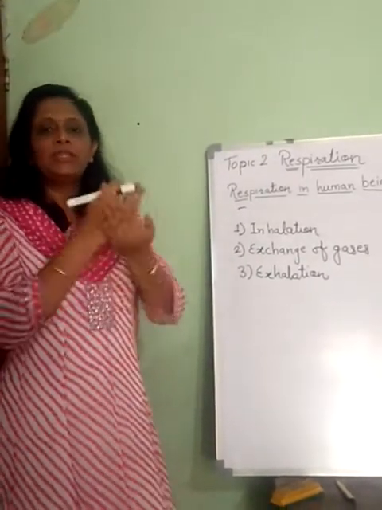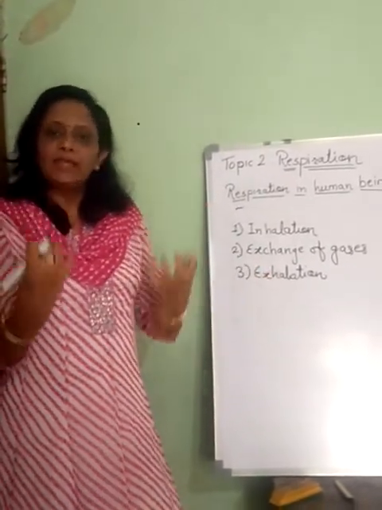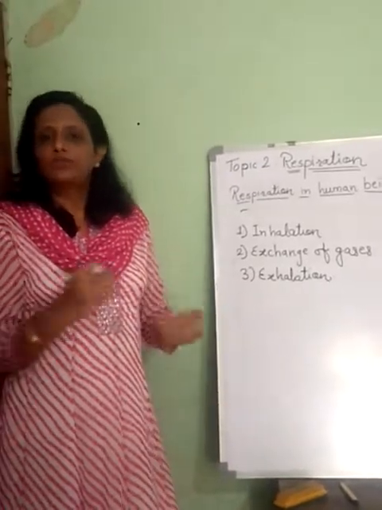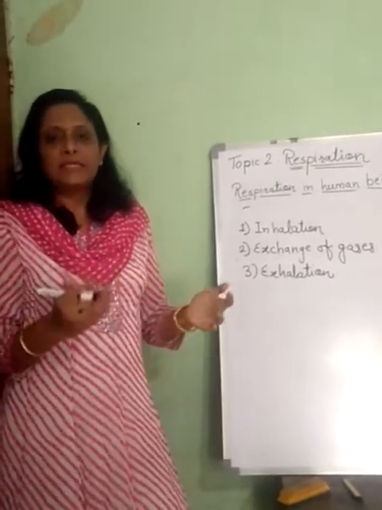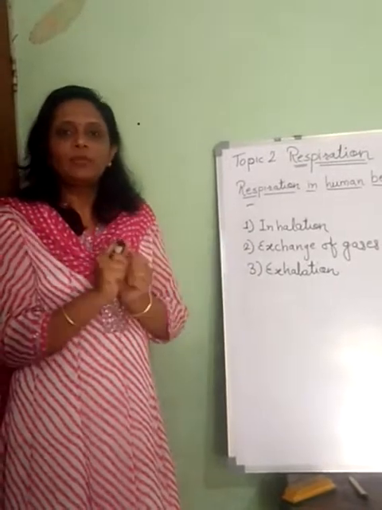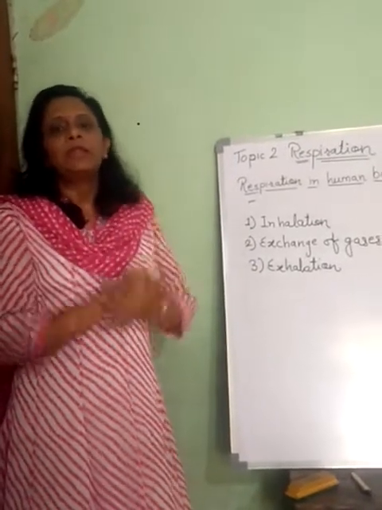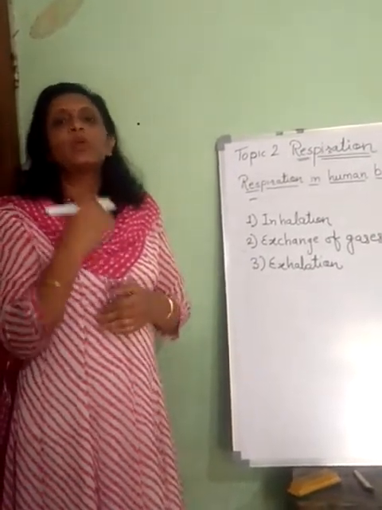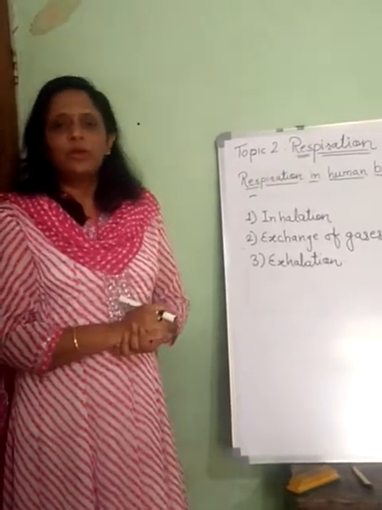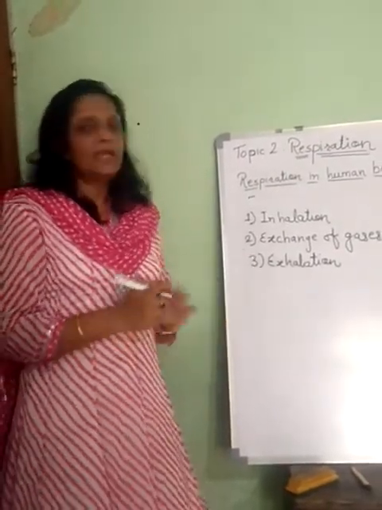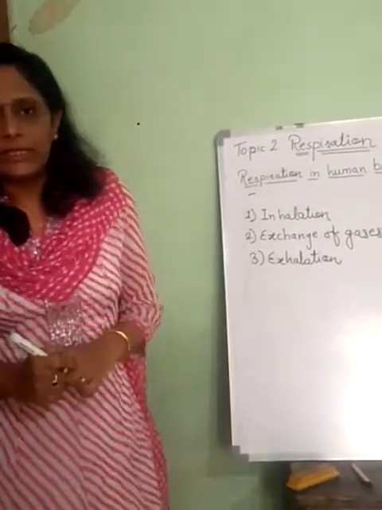During inhalation, the diaphragm expands, the air is sucked inside and goes to the alveoli, and during exhalation the diaphragm contracts, the ribs also contract, and then the carbon dioxide is pushed outside the body through the nostrils. So this is how the exhalation process is seen.